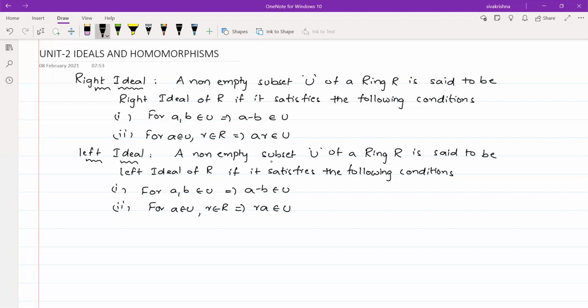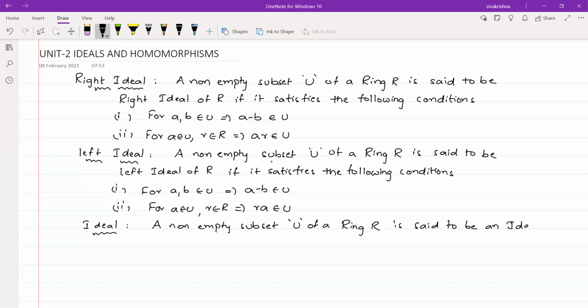So if you want the definition of an ideal, once again, a non-empty subset capital U of a ring capital R is said to be an ideal if it satisfies the following conditions.